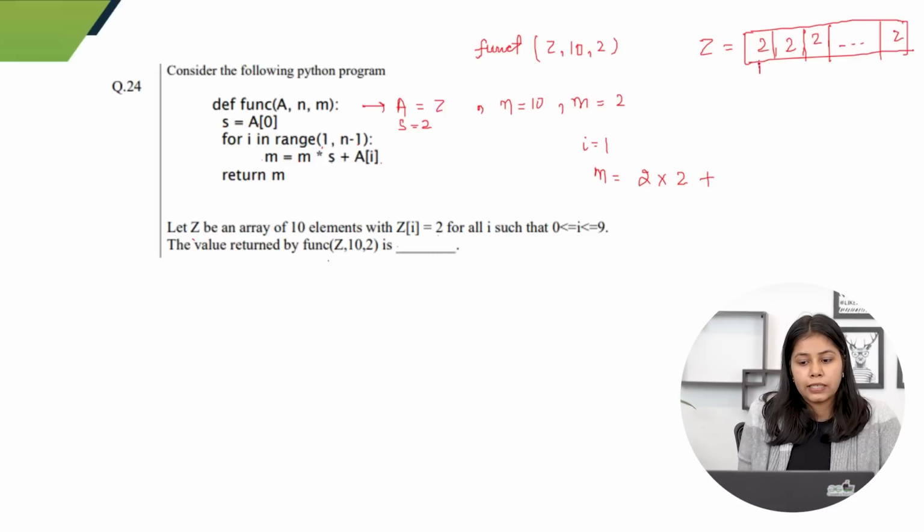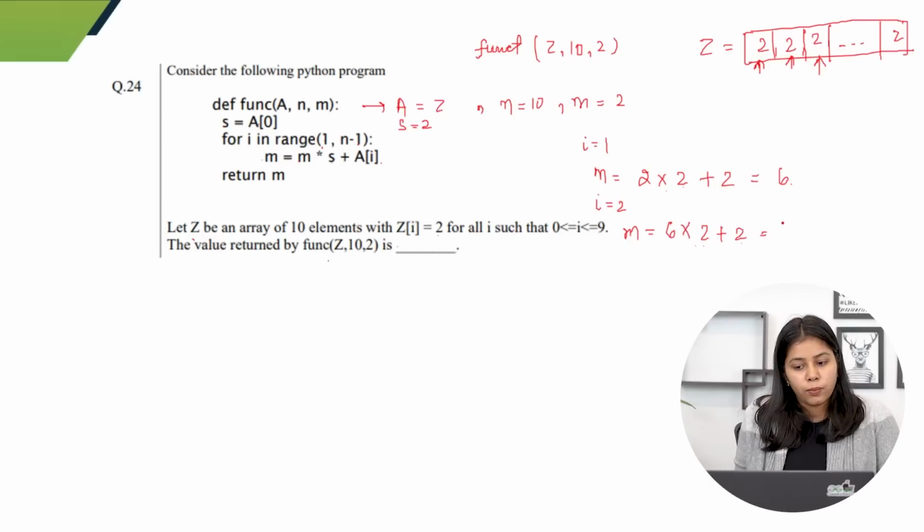A of 0 and A of 1 are both 2, so 2 into 2 is 4, plus 2 is 6. Then I move to I equal to 2. Now M is 6, so it becomes 6 into 2 plus A of 2. A of 2 is again 2, so 6 into 2 is 12, plus 2 is 14.